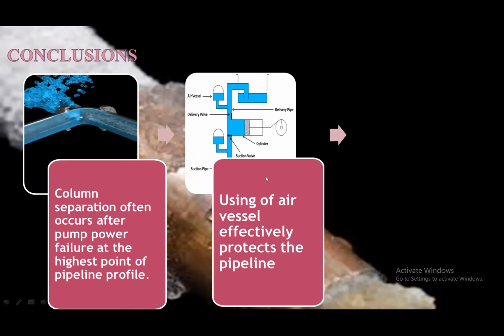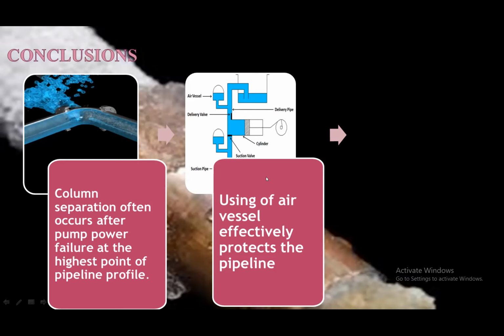And I forgot to say that you can, of course, use a lot of protection devices together. For example, you can use an air vessel with a surge tank, because sometimes there are really high values of pressures resulting from water hammer, and that will result in a very, very high volume of air vessels.